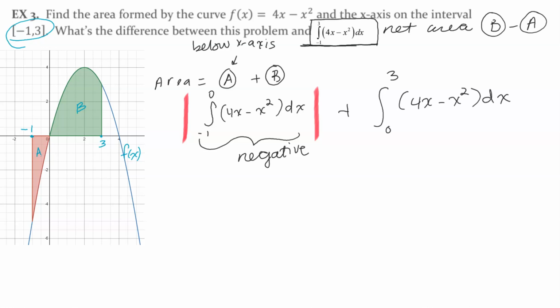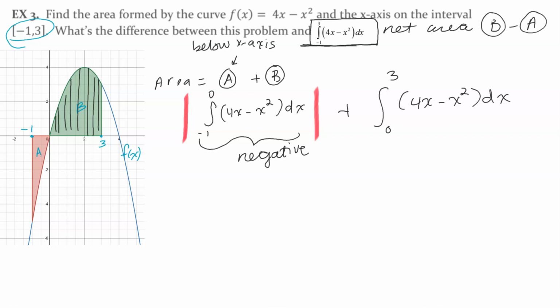We don't need the absolute value there because it's above the x-axis, and the accumulation of these little rectangles that we are drawing when taking the integral have positive values above the x-axis. So that's positive, and we don't need to deal with the absolute value. That is one way to deal with the fact that this is negative. The absolute value of a negative number is going to be positive, right?